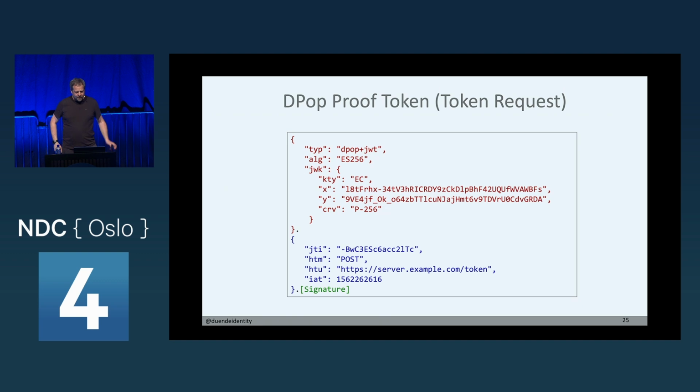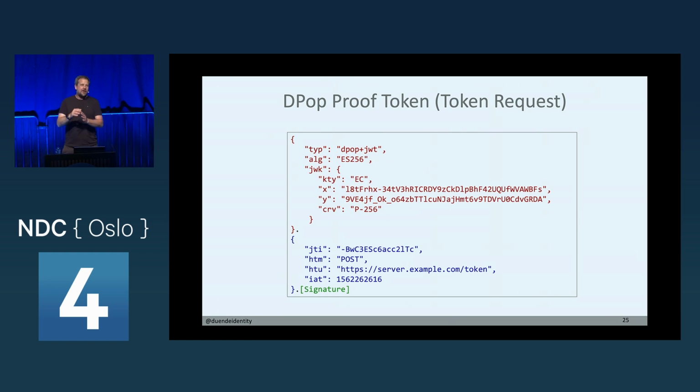So what's the proof token? Basically, a proof token is a JSON Web Token, which has the public key embedded in the header, and you're signing that proof token with the corresponding private key, which is your secret. And what they wanted to avoid is full HTTP signatures again.